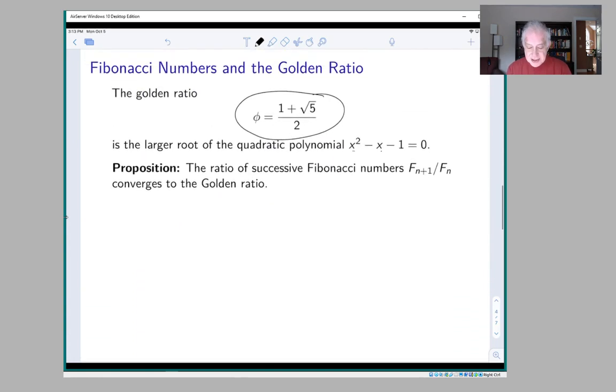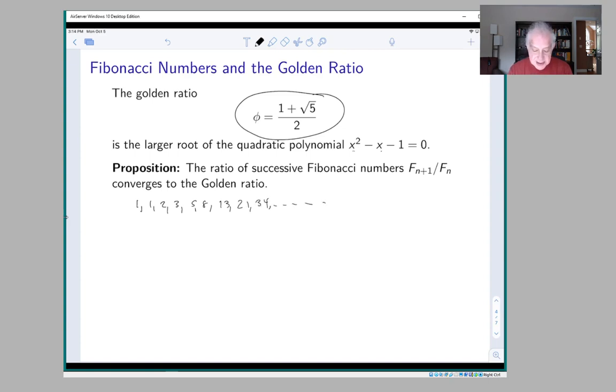The connection between the Fibonacci numbers and the golden ratio is that if you look at the ratio of successive Fibonacci numbers, so remember the Fibonacci numbers go 1, 1, 2, 3, 5, 8, 13, 21, 34, and so on.